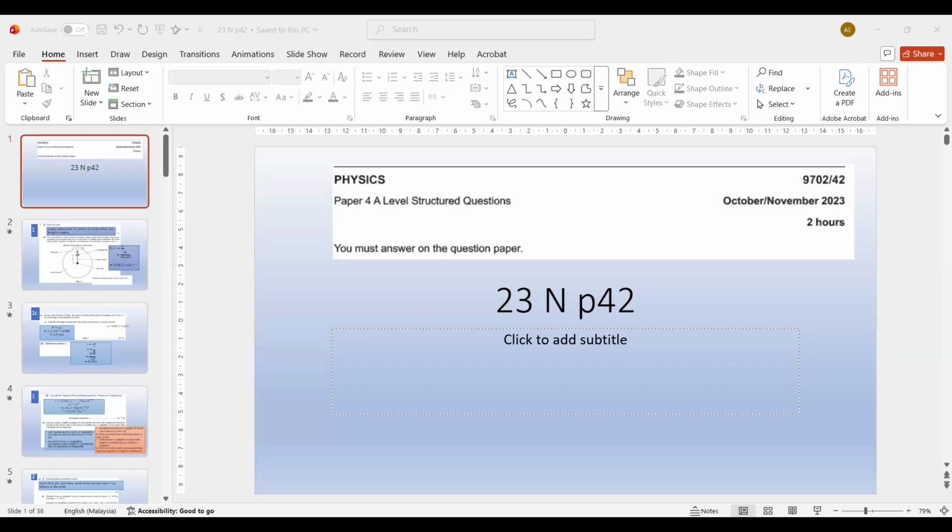I think the electricity and the particles, that one is my only weakness lah. Say again. The electricity part and the nuclear part.